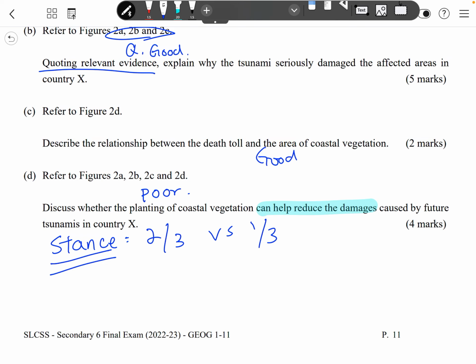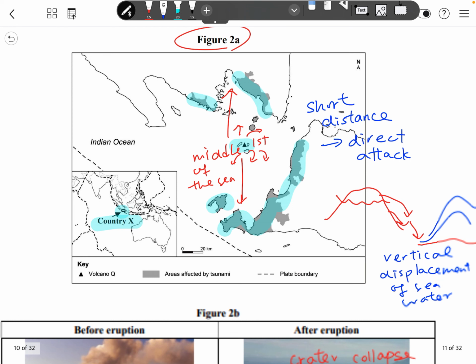So for yes, actually there are not many points to write down. As we see from figure 2D, planting vegetation can act as a buffer zone. So we can lower the damage and reduce the energy. So you can mention that. They can create a buffer zone, especially in figure 2A. Let me show you one more time in figure 2A.